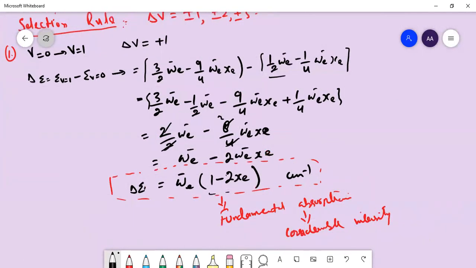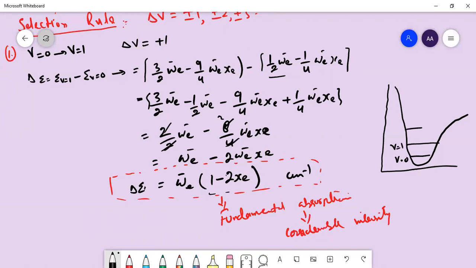So here we got the first transition. This means that if this is the energy levels diagram of an anharmonic oscillator, so this is V equal to 0, then V equal to 1, then V equal to 2, 3, then slowly the energy gap will decrease and it will completely converge at this point.